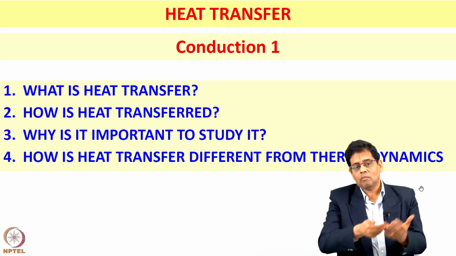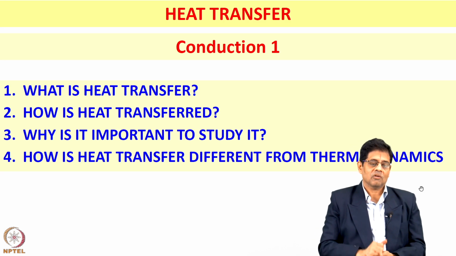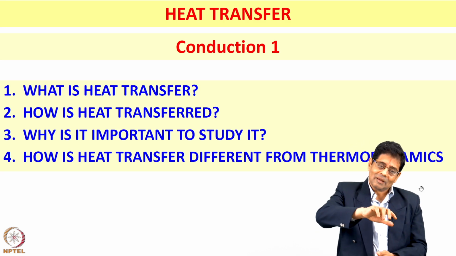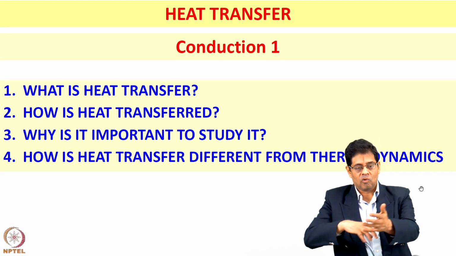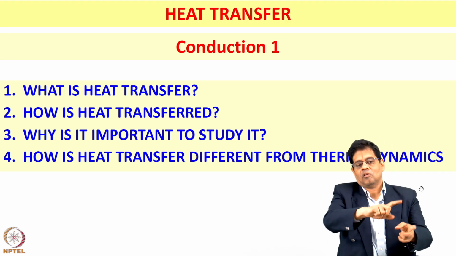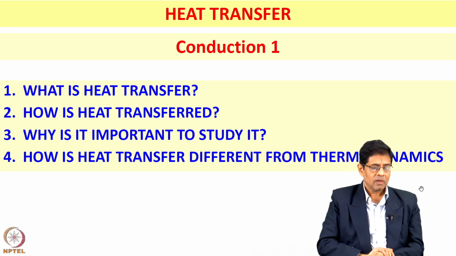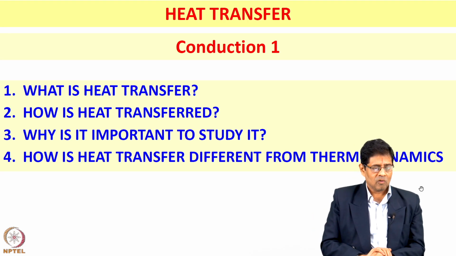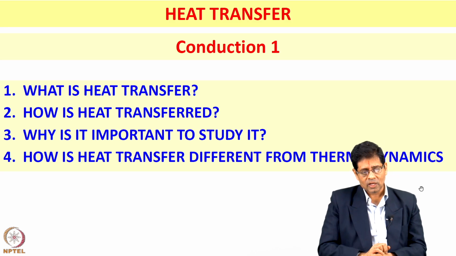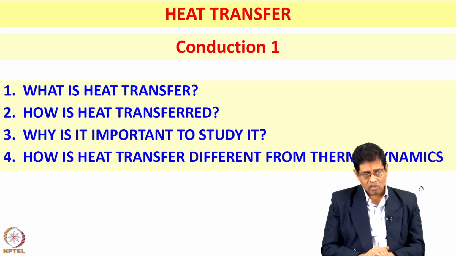So the bulk motion, the actual motion of the fluid, is causing the heat to get transferred. So it's like passing the parcel with the people also moving. Let's say you're moving in a circle and you have to pass the parcel also. So there is motion of the fluid element and also transfer of energy. And of course, radiation: everybody knows how heat is transferred from the sun to the earth. You don't require a medium, it's in the form of electromagnetic waves, and so on and so forth.